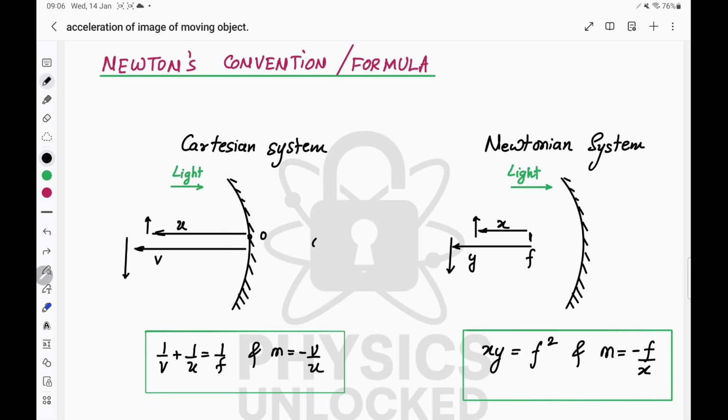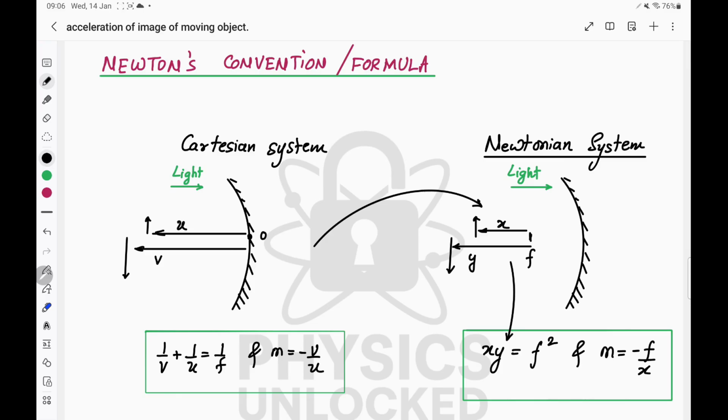There is another convention, brand new convention, in which you do not calculate object and image distance from the pole, but from the focus of the mirror. This convention is called the Newtonian system, and the formula that we get from it is called the Newton's formula. If you see, the object and image distance relation from the focus is xy is equal to f square.